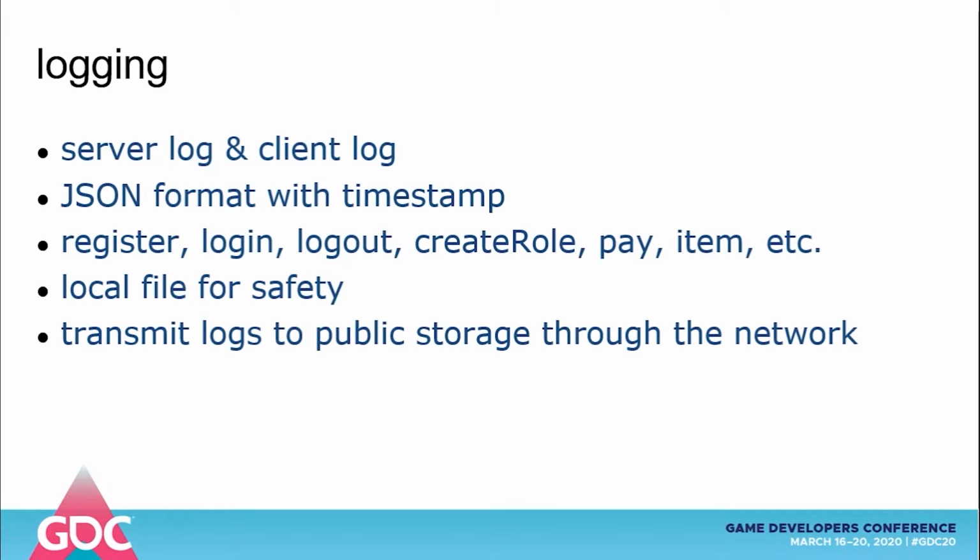For example, some typical behaviors such as login and logout, creating a character, paying for items, and the use of items, etc. In addition to server-side behavior, some client-side click behavior can also be recorded, such as the operation of starting the app. In order to achieve real-time processing, these logs need to be transmitted in real time.